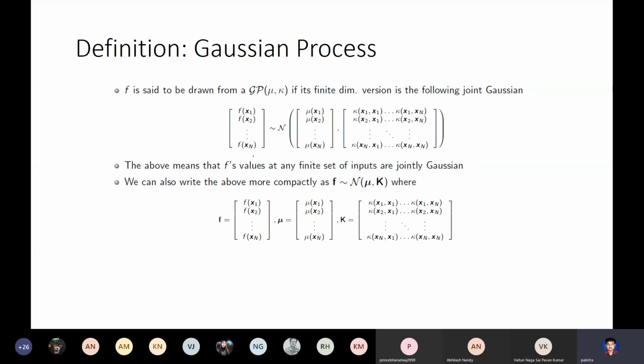It is an n-dimensional vector, so the covariance matrix will be n cross n. What is the covariance matrix? The first entry will be the kernel function applied on x1, x1. Similarly, the nth diagonal will be k(xn, xn). The ij-th off-diagonal will be k(xi, xj).